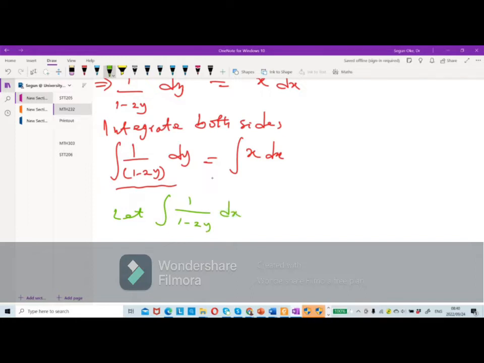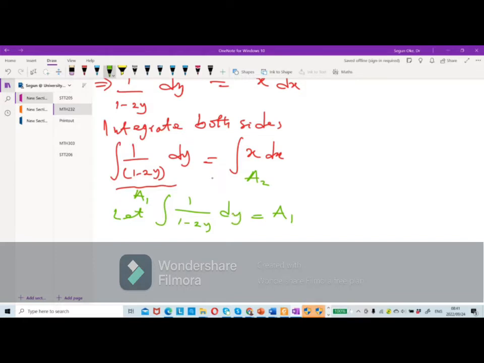We are still coming to this one. Let's call this one A. Let's call this one B. Are you getting it now? Or let's say A1 and A2. For A1, this is A1 now. For A1, we have 1 over 1 minus 2y, with respect to y.